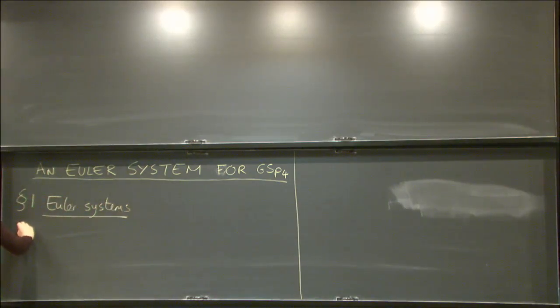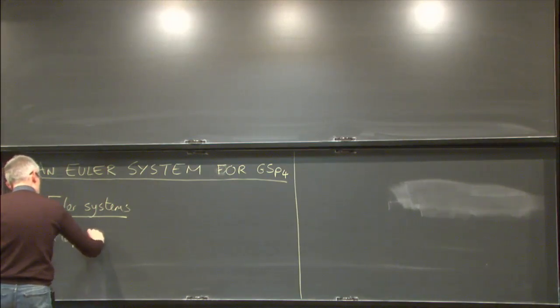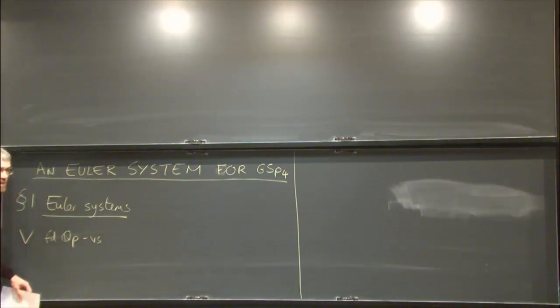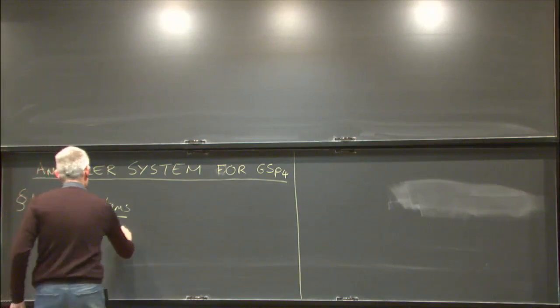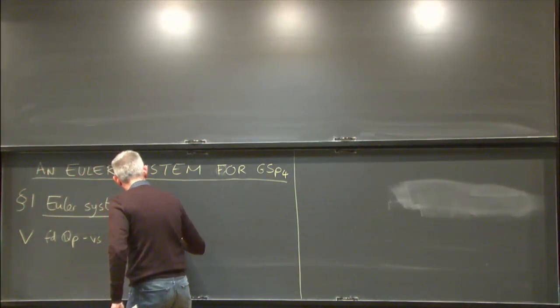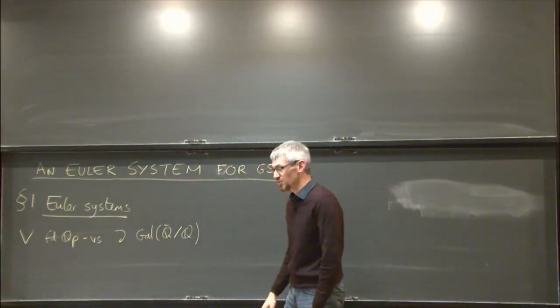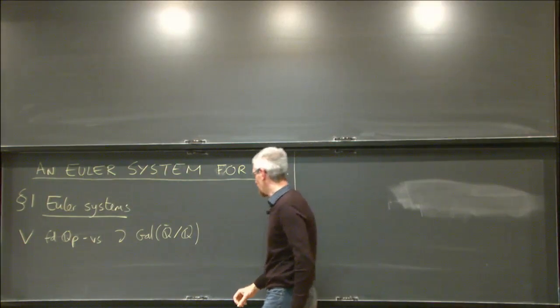I want to consider a p-adic Galois representation V. So V is a finite dimensional vector space over Q_p with a continuous action of the Galois group of Q bar over Q. And I'm going to assume that V is unramified almost everywhere.